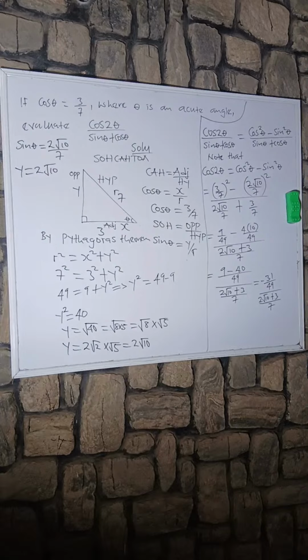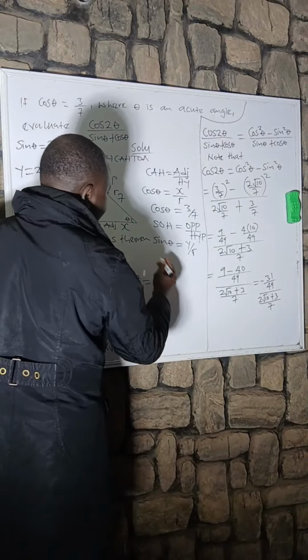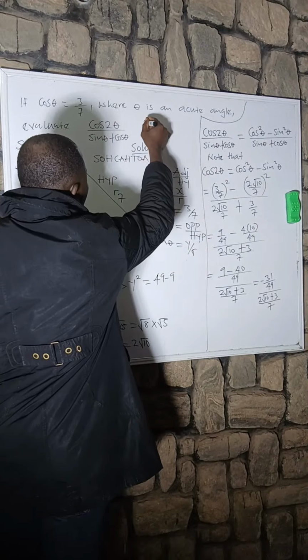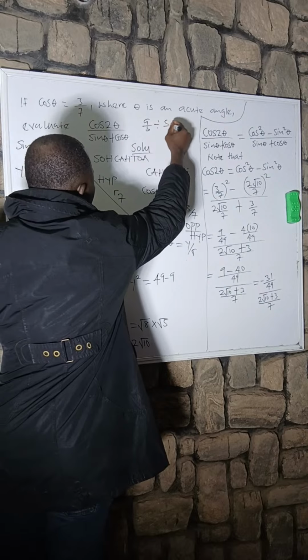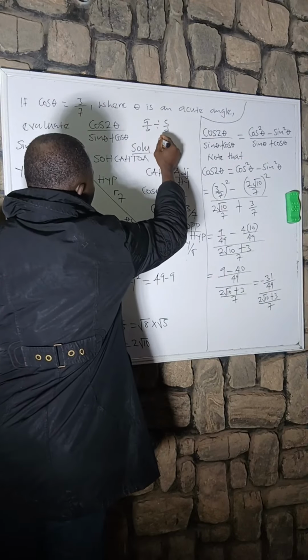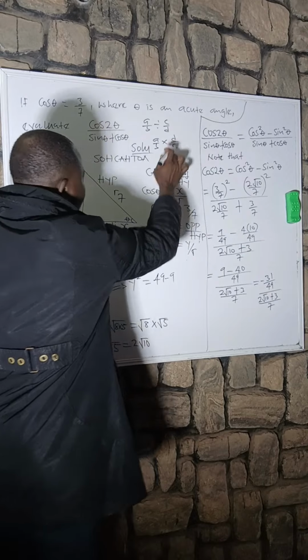So what we are going to do there, look at it here. This is just the same thing as A all over B divides C all over D. Then A all over B times D all over C. You agree with me?